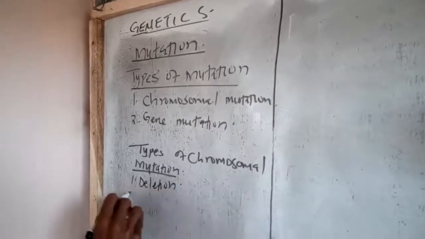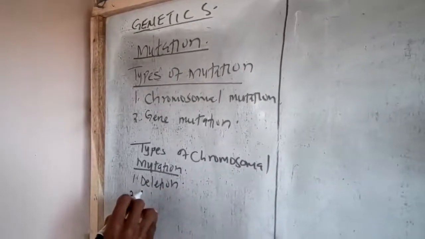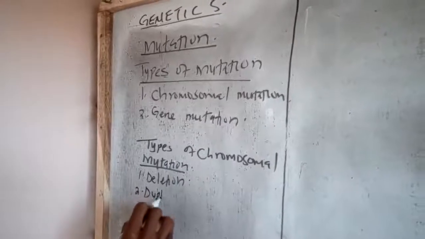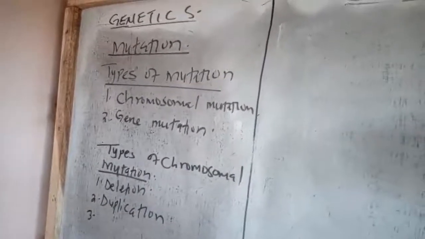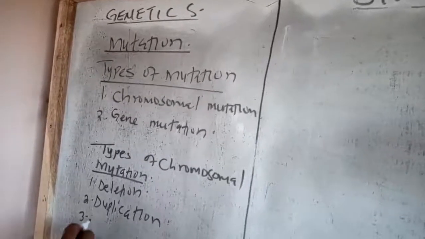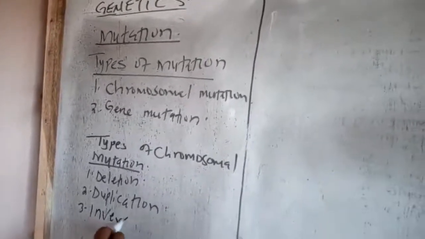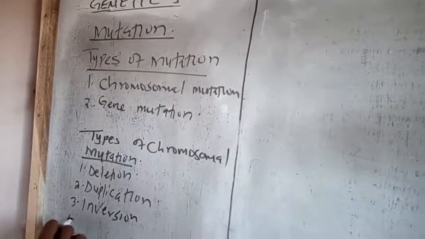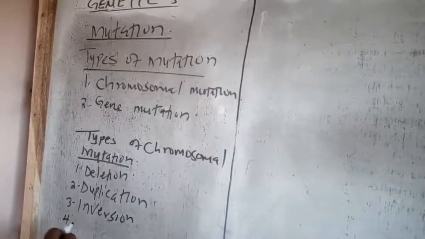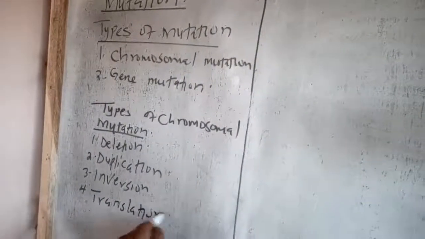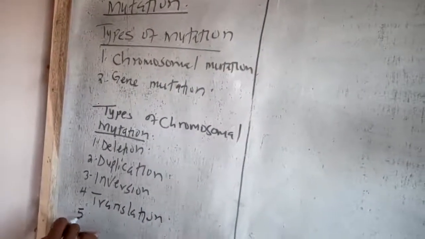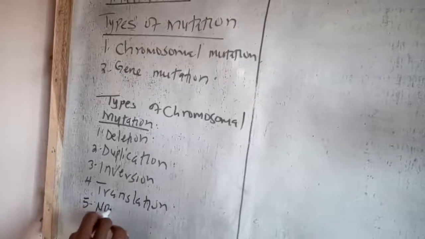The second one, that is duplication. And the third one, we have the inversion. And the fourth one, we have translocation. And the fifth one, we have non-disjunction.